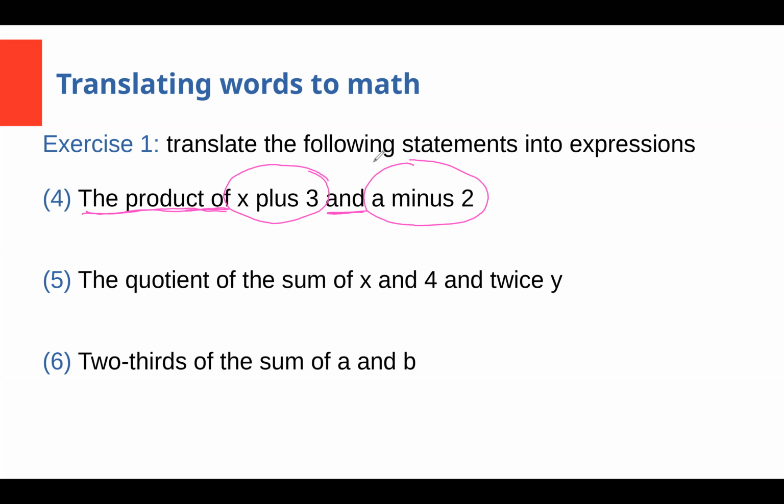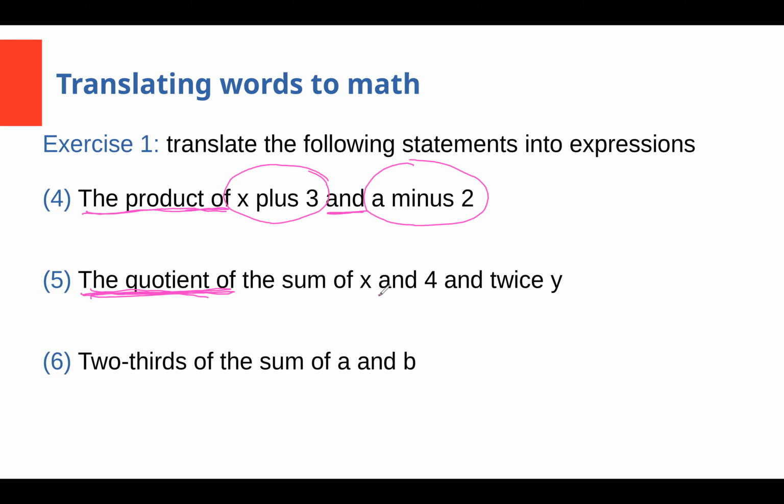Now, let's do the next one. Also the split, but I'm doing only this first level split; what's inside you will do yourself. The quotient of the sum of x and 4 and twice y. We have two "and"s.